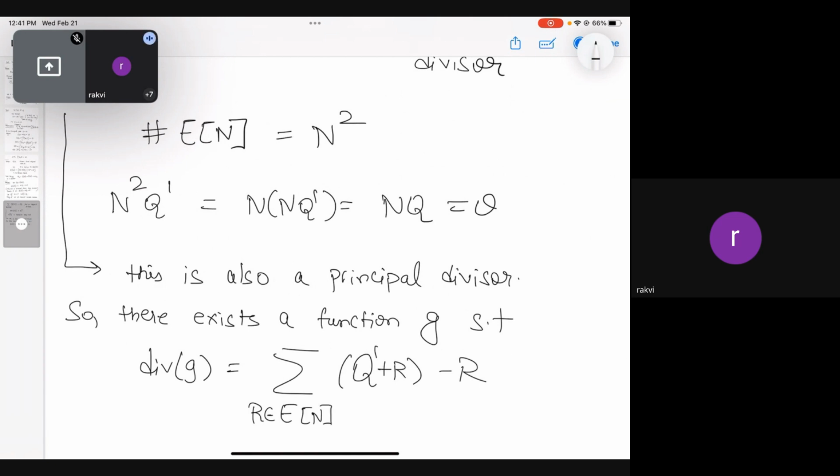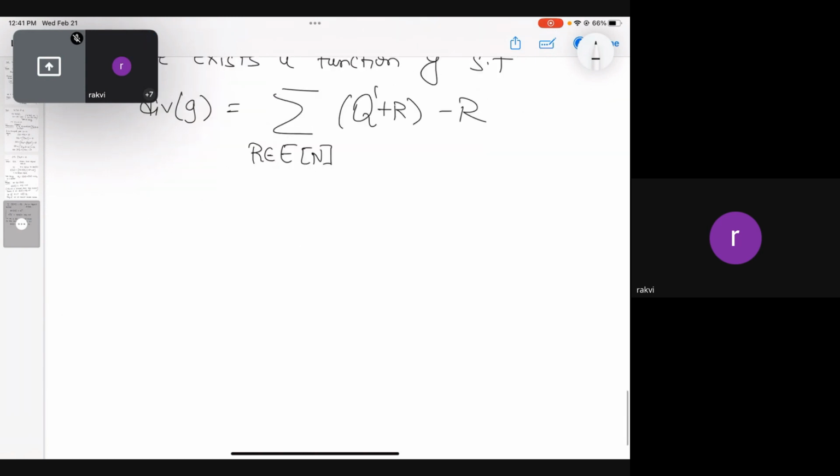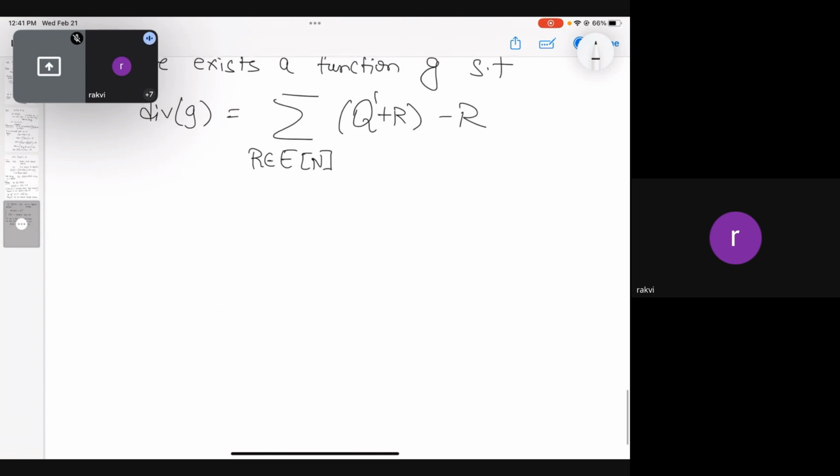Okay, so we have got all our ingredients. We have got f, we have got g, and now we'll define the pairing using these two things. But before we do that, here are some more observations.